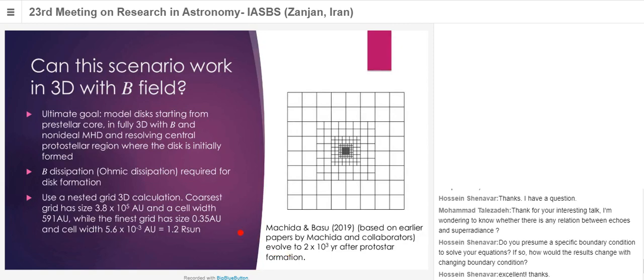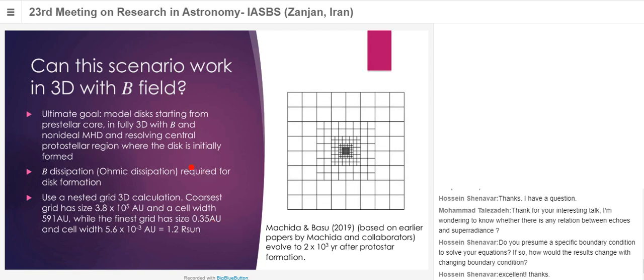Okay, so I think I'm doing okay for time because I just have a few slides left. So I've been showing a lot of this long-term disk evolution with models that are using the thin disk approximation. And thereby some of the things we're missing are the magnetic effects that create the vertical structure, the jets, the outflows.